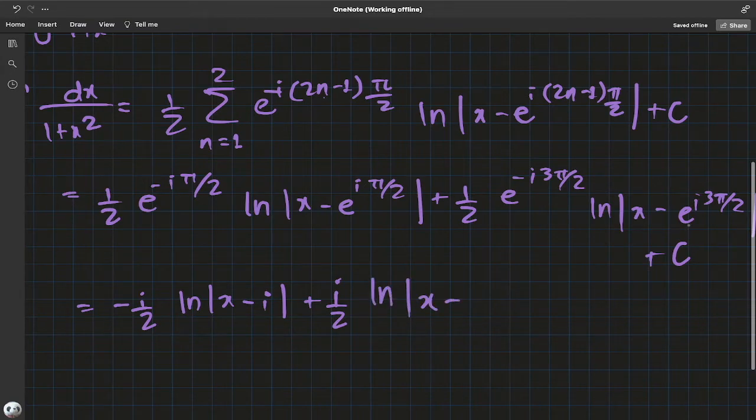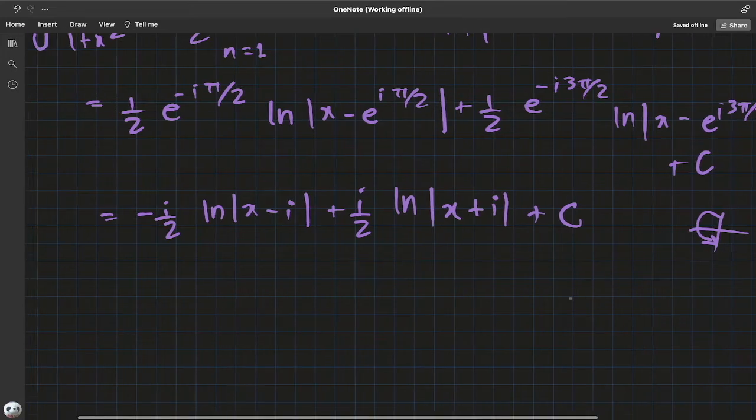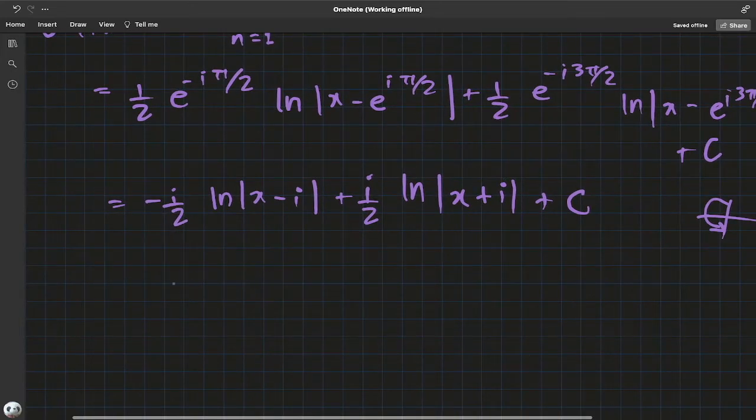Natural log of x, and minus and minus will give you a plus i, plus c. Of course, you can plot this out on the complex plane and notice that 3 pi over 2 is on the bottom imaginary axis. So that's why you get a negative i there. So we have i over 2, using the properties of natural logs, natural log of the absolute value of x plus i over x minus i. So what's the concern?